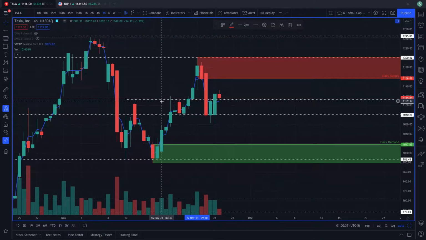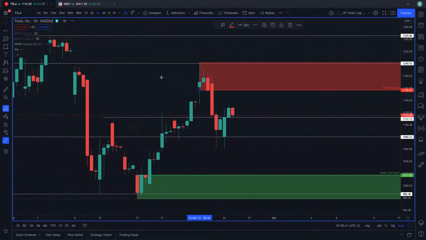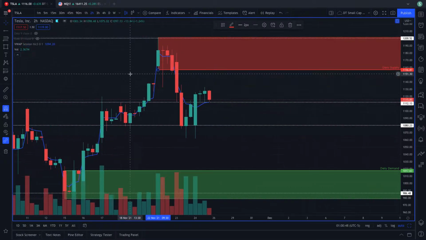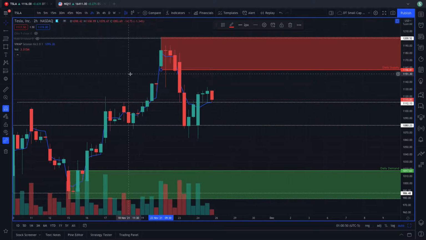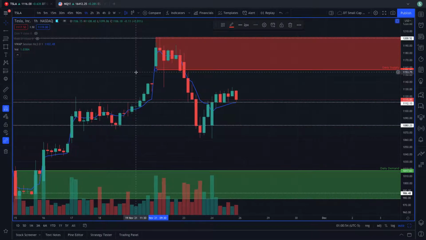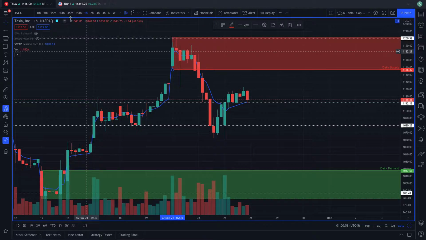Is there anything there? Not really. Move on to the 3 hour time frame. Nothing. 2 hour time frame. Nope, nothing. 1 hour time frame. Still nothing. So okay, so we're pretty much trading in between.